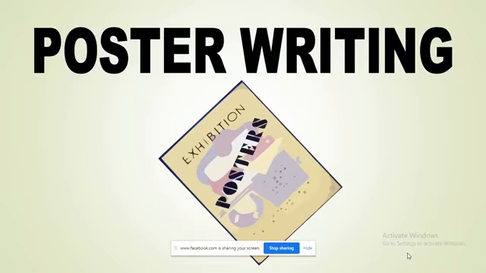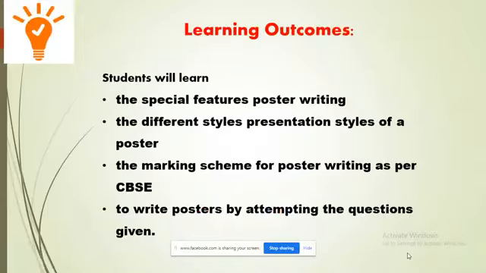So today we are going to learn about poster writing. As the name suggests, dear children, this is poster writing. So you are going to learn how to write a poster. What are we going to learn today?